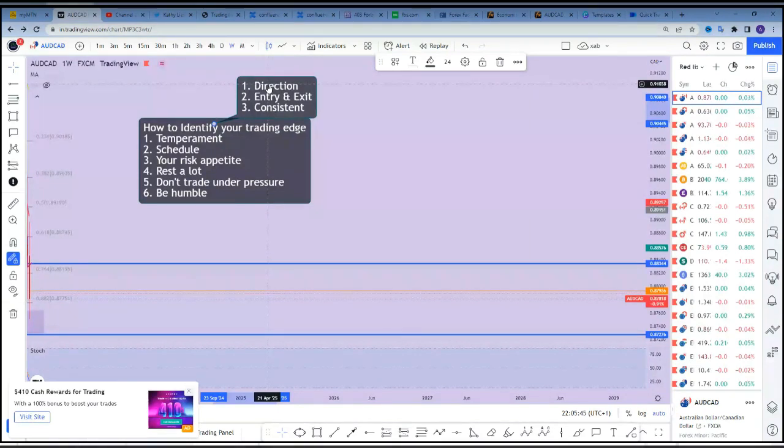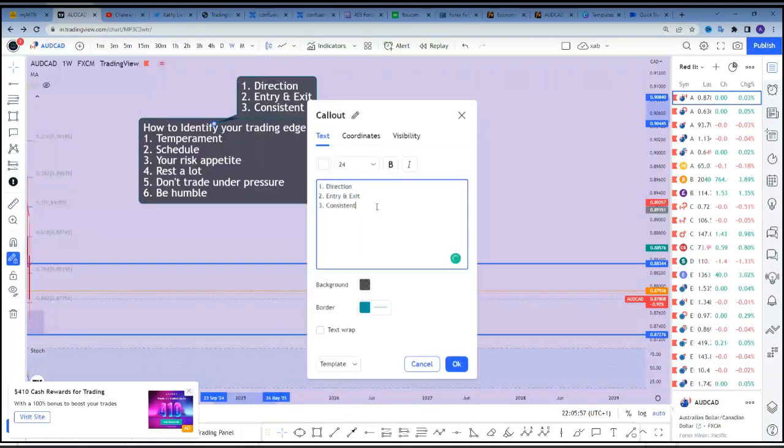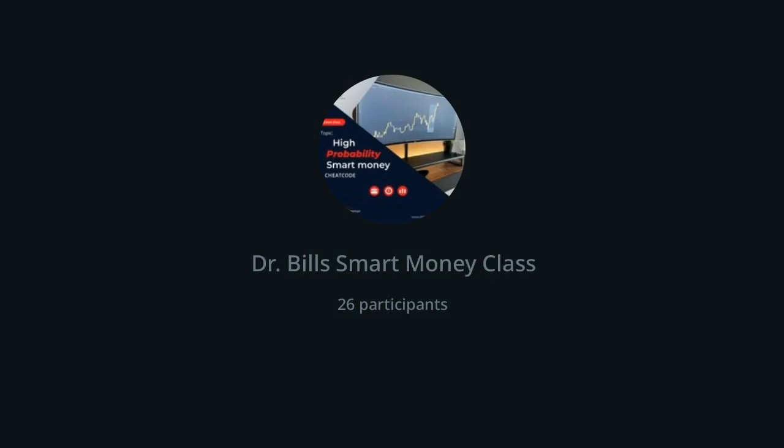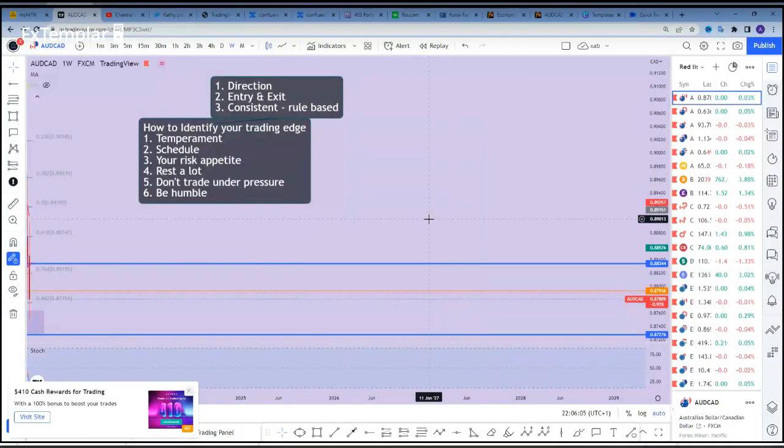And it must be consistent. What do I mean by consistent? It must be based on rules. It must be rule based. If you cannot break your strategy down into steps, this is what I do first, then I do this, and then I look for this, and when I find this, I trade this.